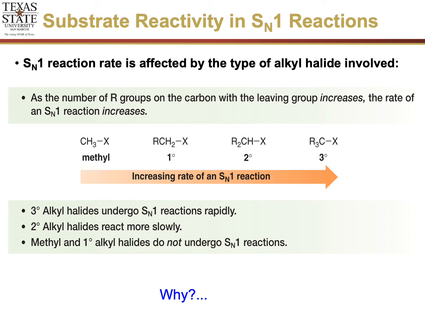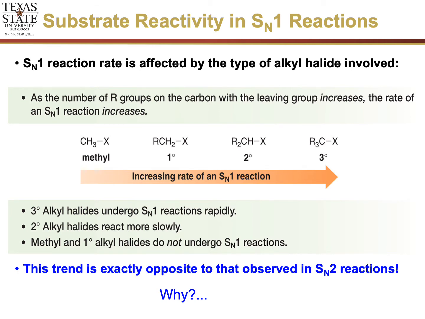In contrast, in the exact opposite of SN2 type reactions, the methyl group reacts slowest, the primary halide is next, and the tertiary halide is the fastest of the set. Our tertiary alkyl halides undergo SN1 very rapidly, our secondaries go more slowly, and our methyls and primaries tend to not undergo SN1 reaction.